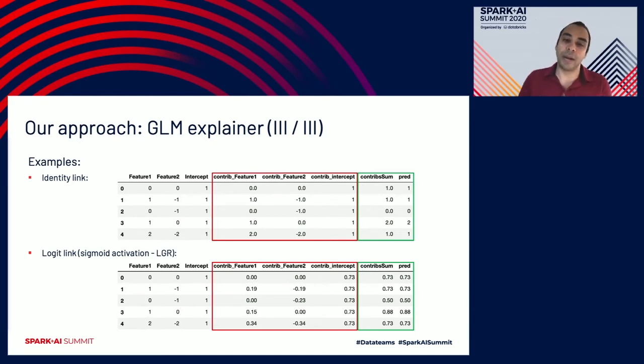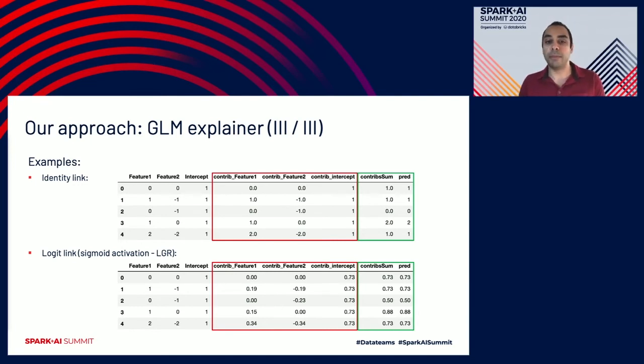Now, things get more complicated if we go to the second table. Again, we have the linear contributions on the left, but this time, the sum of these linear contributions gets passed through a sigmoid function because this is logistic regression. So for example, for row number 0, we have feature 1 as 0, feature 2 as 0, and intercept is equal to 1.